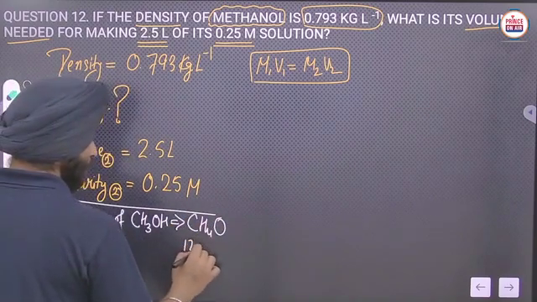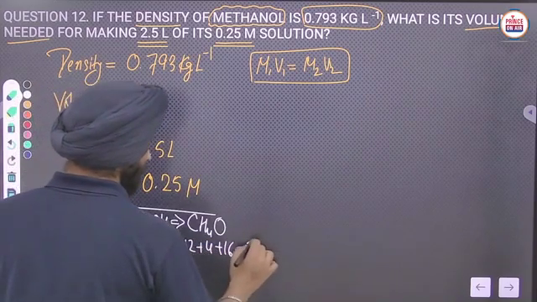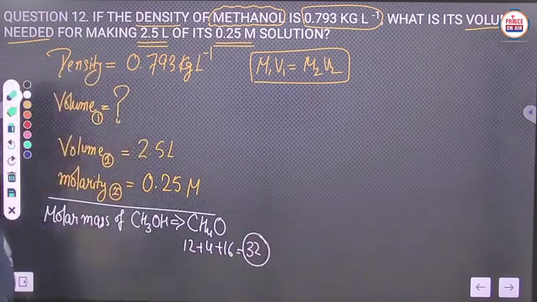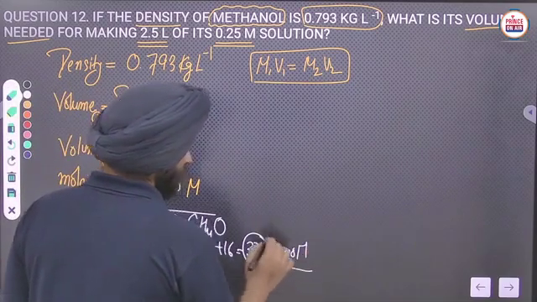It will be 12 plus 4 plus 16, which comes out to be 32 gram per mole. Those units are used here.